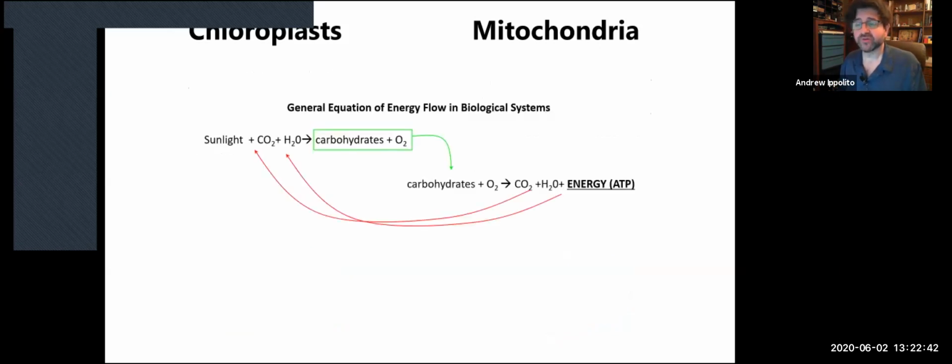Okay, so you can connect it all with a single simple chemical formula. You have sunlight, you have carbon dioxide, you have water. And if for those chemists among you, you can balance this by putting a 6 in front of each of those.